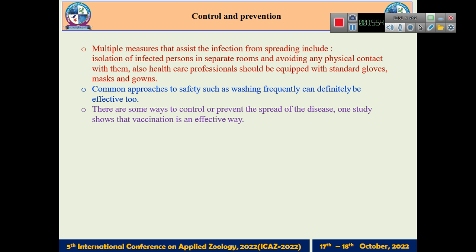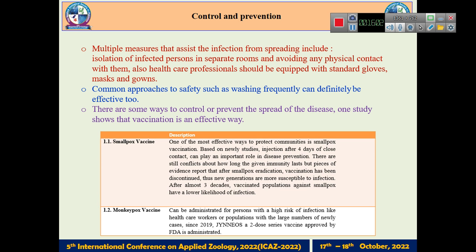Also, healthcare professionals should be equipped with standard gloves, masks, and gowns. Common approaches to safety, such as washing frequently, can definitely be effective too. There are some ways to control or prevent the spread of the disease. One study shows that vaccination is an effective way.